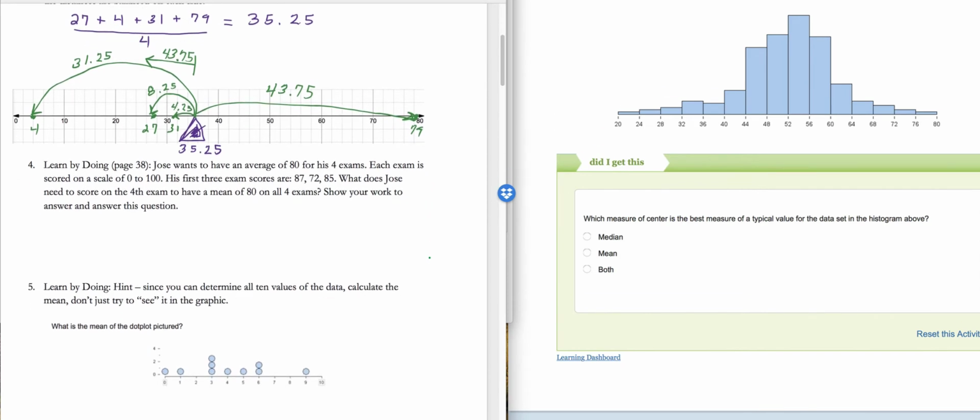Now that gives us perhaps a very visual way to solve this next learn by doing activity. Perhaps you solve this in a very algebraic way. Nothing wrong with that.